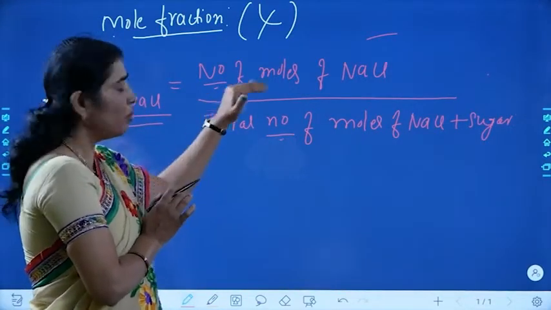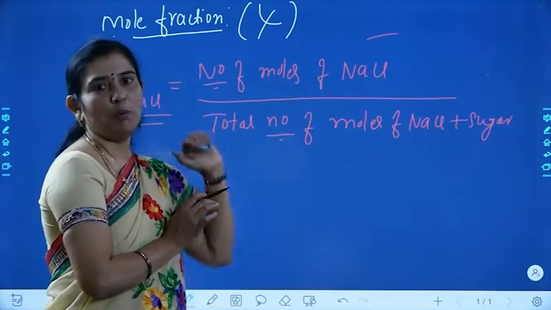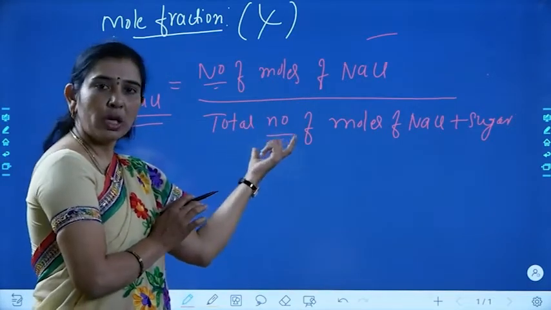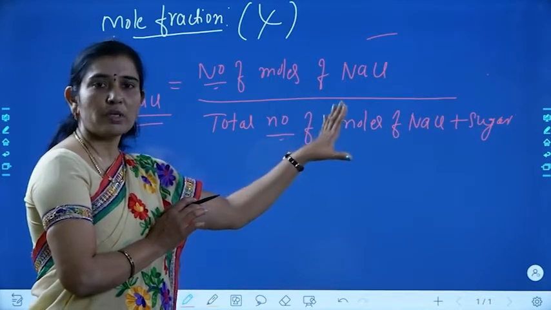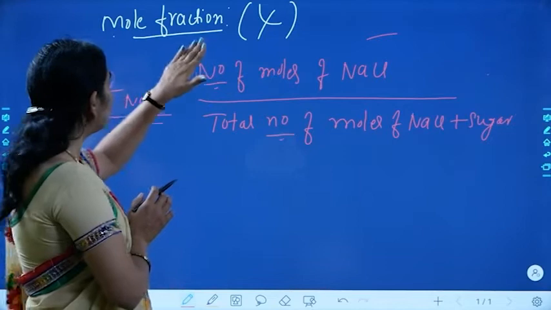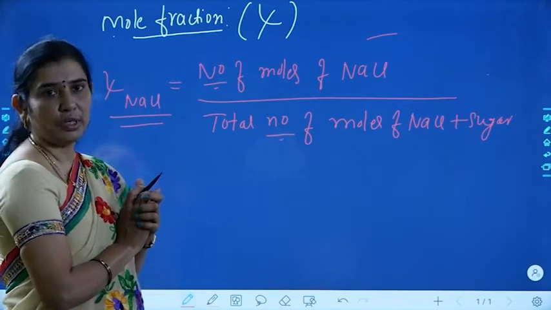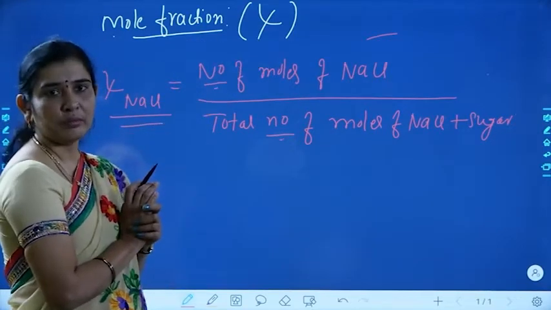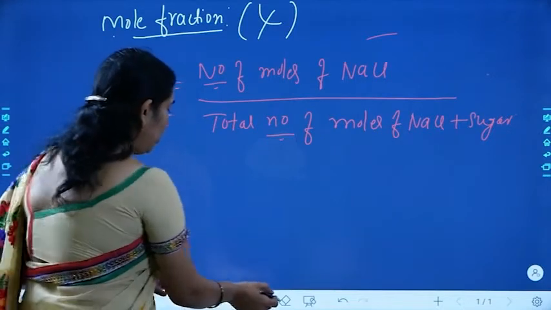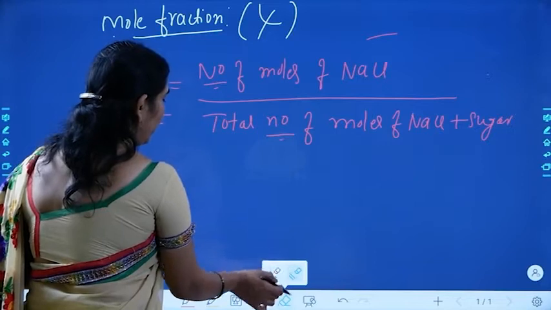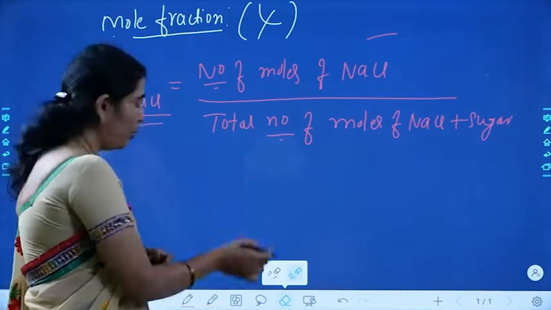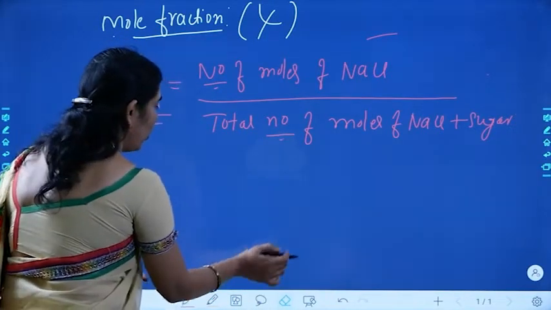It is the number of moles of a particular component to the total number of moles of all the components present in the solution. That is known as mole fraction. How do you represent it? Chi. If the solution contains different types of components, then how do you express mole fraction?